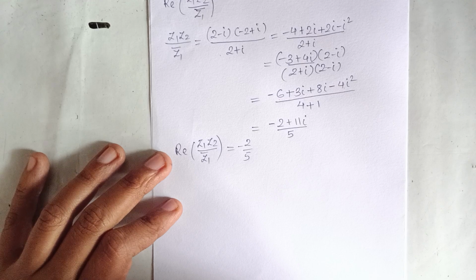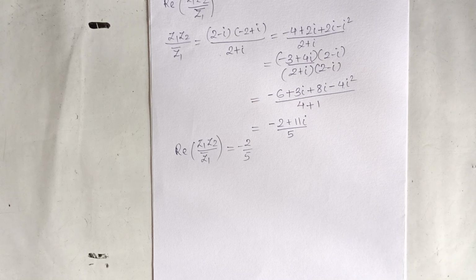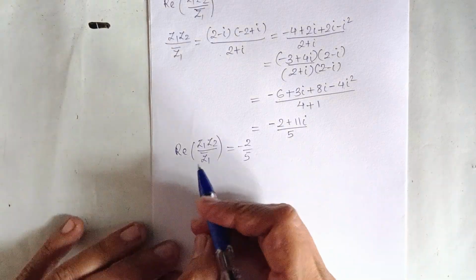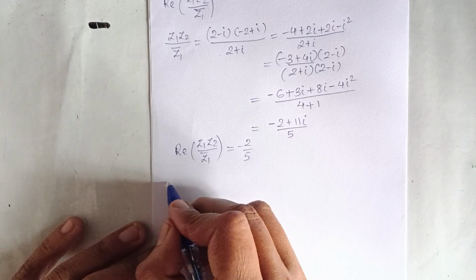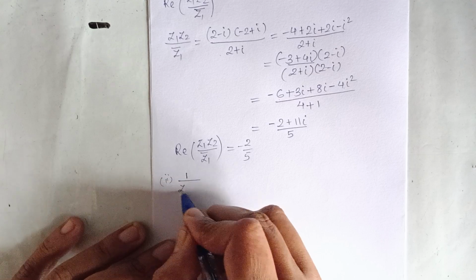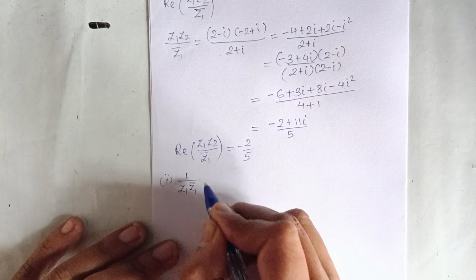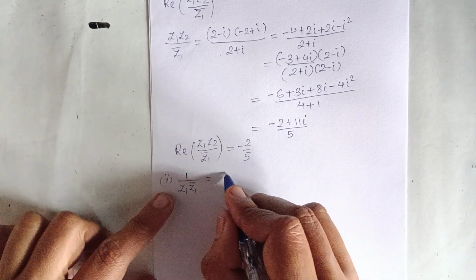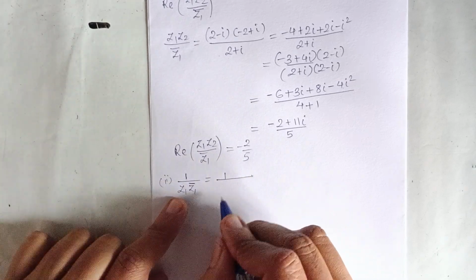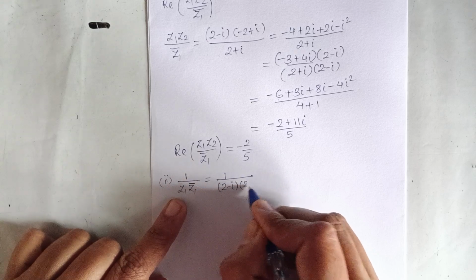Second, we have to find the imaginary part of 1 upon Z1 Z1 bar. So 1 upon 2 minus i, 2 plus i.